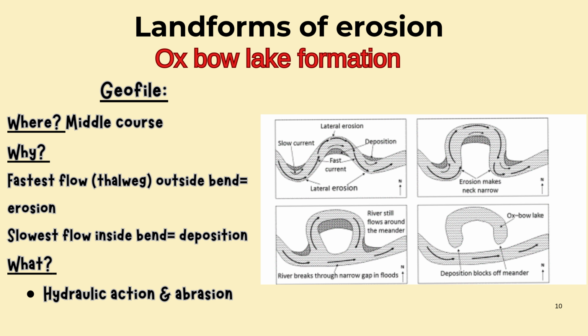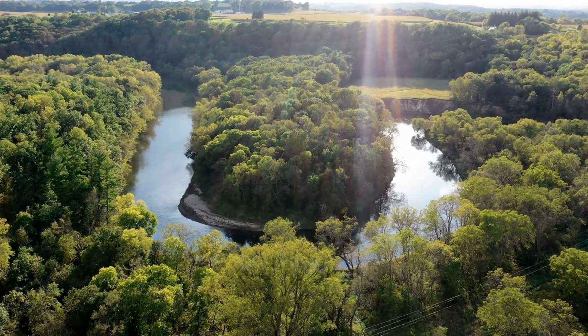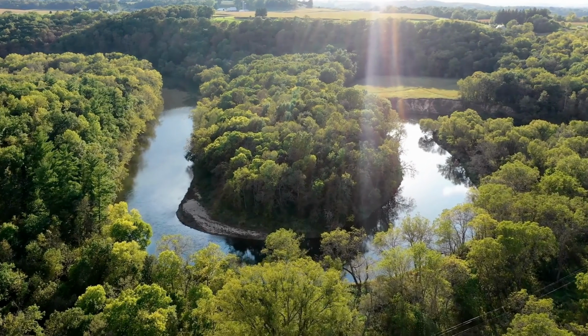So this means we end up with eventually a straight channel and a new lake being formed, and this is cut off usually by a final flood event where lots of deposition occurs and that river bend is cut off.